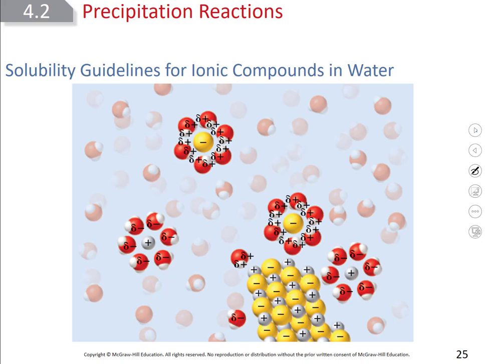H2O molecules are going to have a negative end and a positive end, which allows them to kind of mimic ionic compounds. So the positive ends of the water molecules are going to attract the negative ions, while the negative end of the water molecule is going to attract the positive ions, and it's going to pull them apart and surround them. So this is hydration, how the water is going to dissolve things.